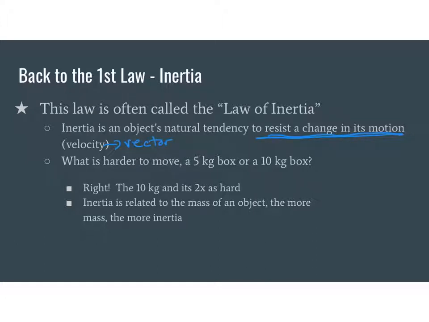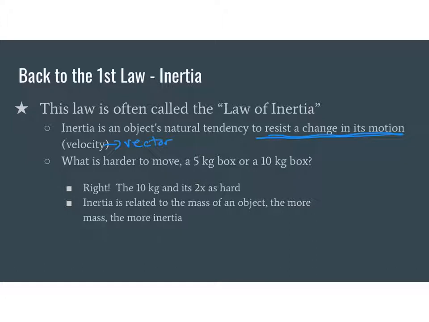So not just its speed, but also its direction. Think about it: if we have a 5 kilogram box and a 10 kilogram box, which one is going to be harder to move? And not just get moving, but also stop moving.